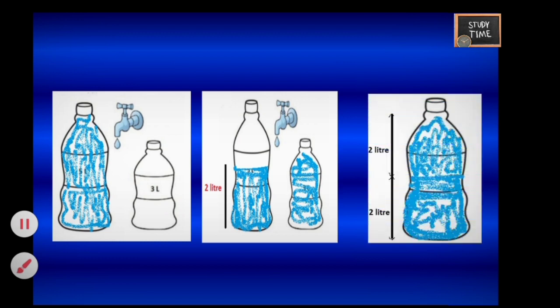Then he transferred it to the girl's bottle. So he got 4 liters after measuring. This is how we got 4 liters of water.